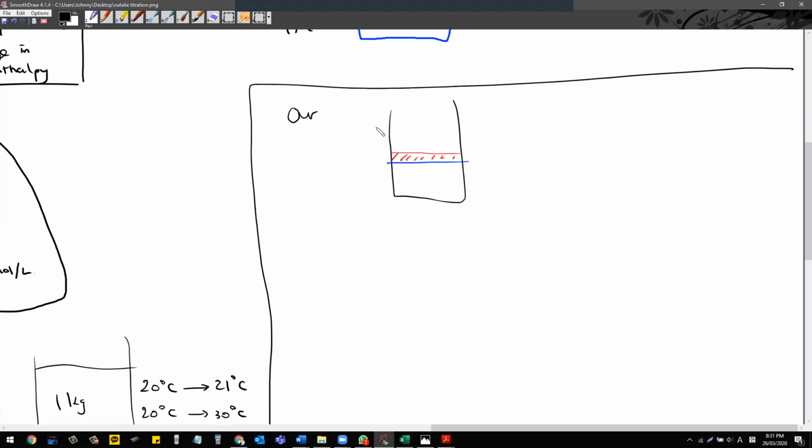So I think the better method would be to do this in 10 mil increments. You add 10 mil, and that neutralizes 10 mil of the base, and then you add another 10 mil of the acid, another 10 mil, another 10 mil, right? Just keep doing that and record the temperature.